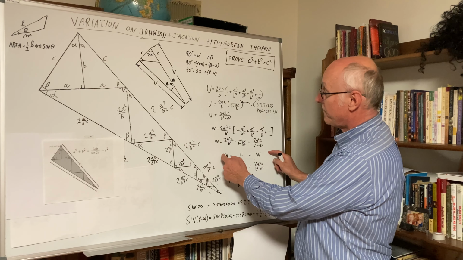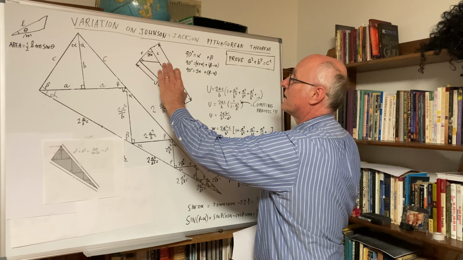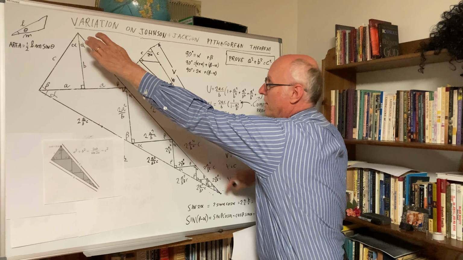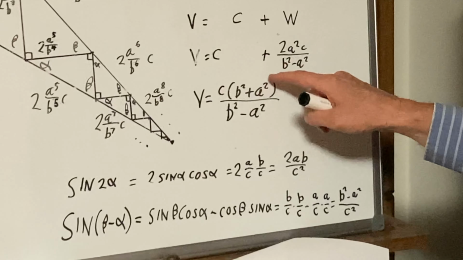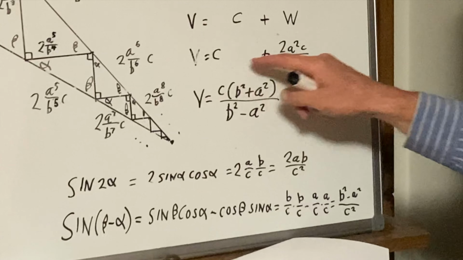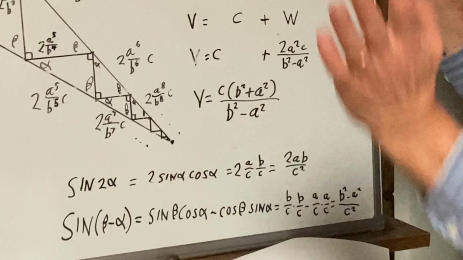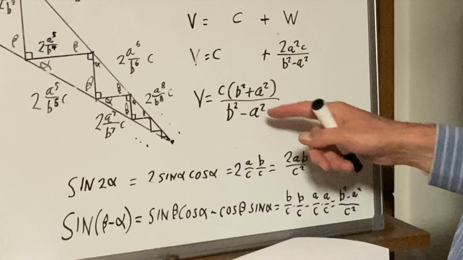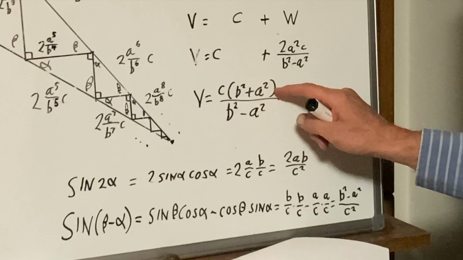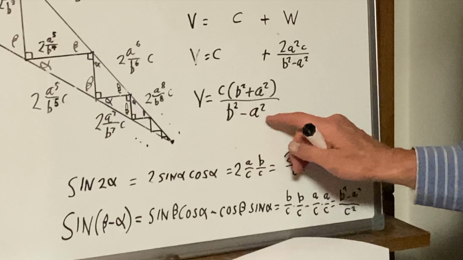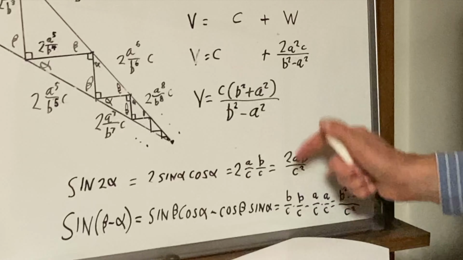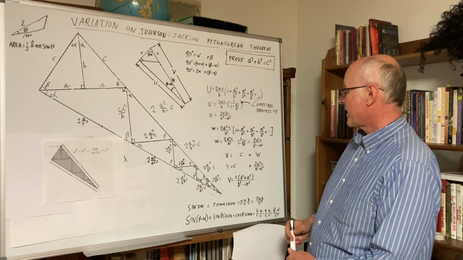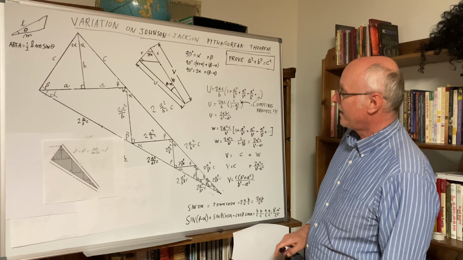Now you have to get v, that's this distance here. You simply add c plus this thing and do some algebra and you'll get c times the quantity b squared plus a squared, the whole thing over b squared minus a squared. And so that's that side.